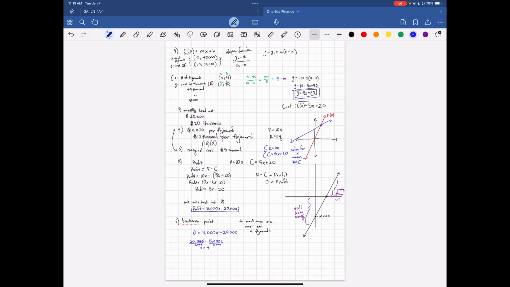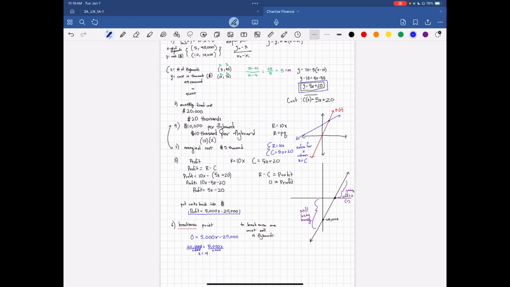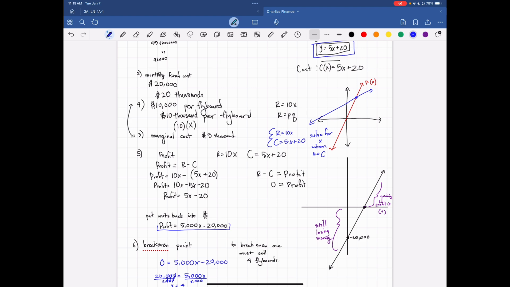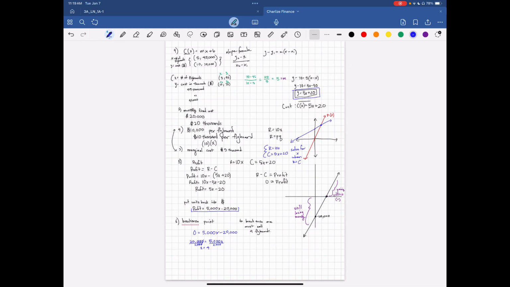And you could also find out how much money spent and received would give you the break-even point. For example, you must make 4 flyboards, but you'll get $40,000, and you will also be spending 40,000 to make the flyboards.